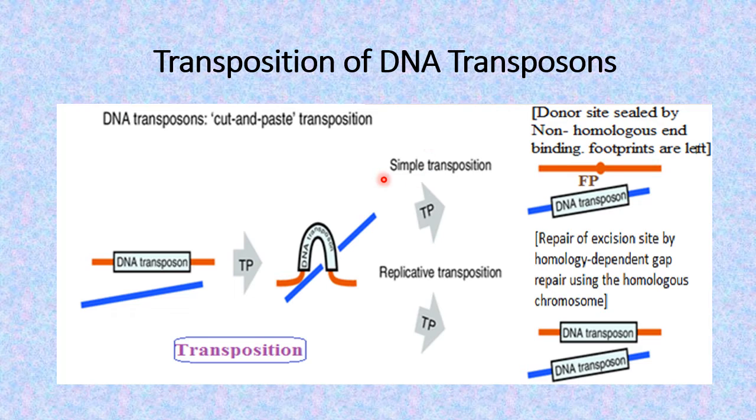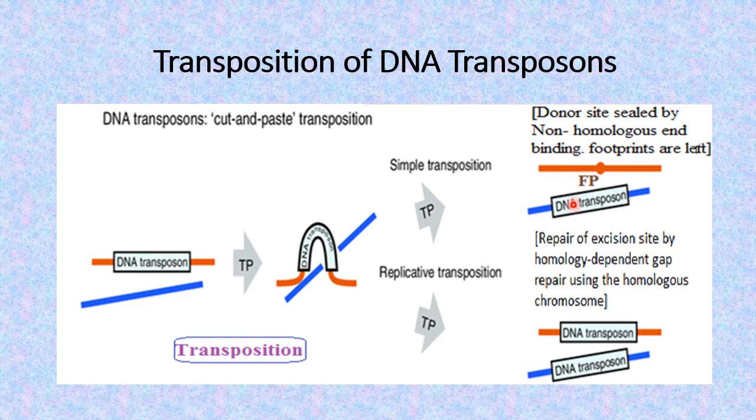Now, during conservative transposition, that is by the cut and paste transposition, it may be simply that the segment of DNA, that is the transposon, is cut from the donor DNA segment and integrates at the recipient DNA or at the target site.